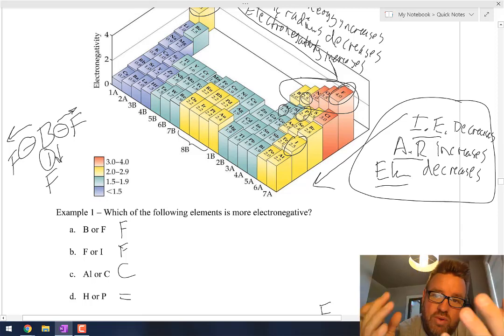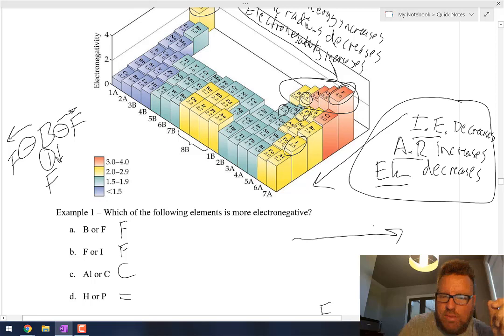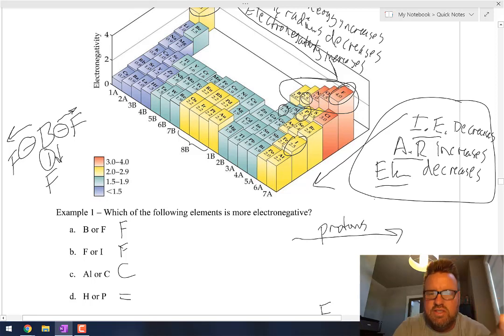Where fluorine doesn't. So when you go across the periodic table, what's more important is the number of protons. Since the valence electrons are all going into the same shell, when you go across the periodic table, the more important thing to discuss is protons.